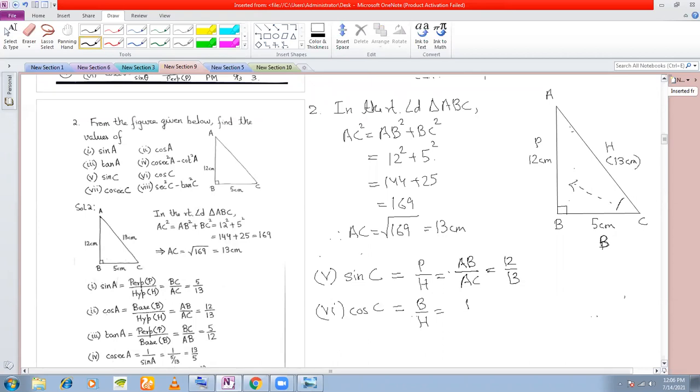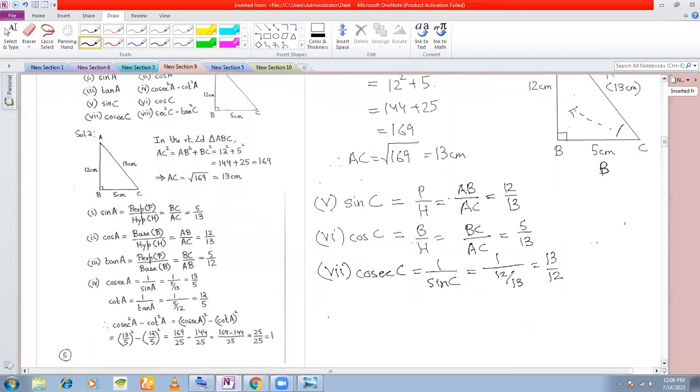And here you have base as BC and hypotenuse as AC, which you can write as 5 by 13. So cos C is also done. Number 7 is cosec C. Cosec C, you know, is the reciprocal of sine, 1 by sine C. So 1 by 12 by 13 is equal to 13 by 12, right?